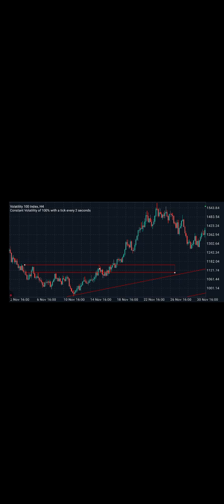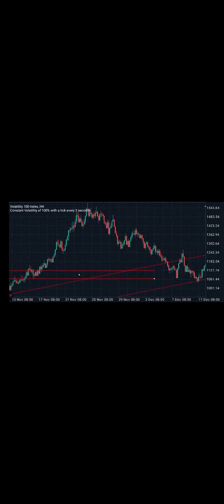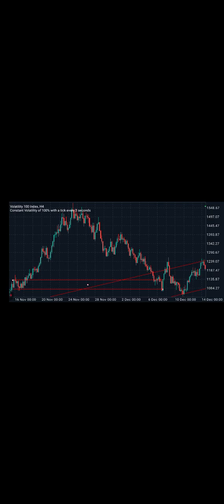Okay, so see here. Here is the leg. It was this leg that shot this market up. You can see that the market was ranging here, then it took off.